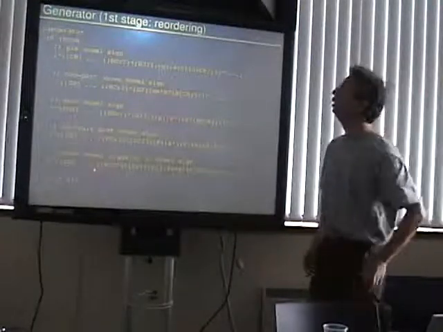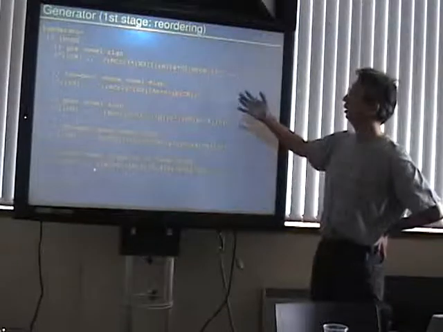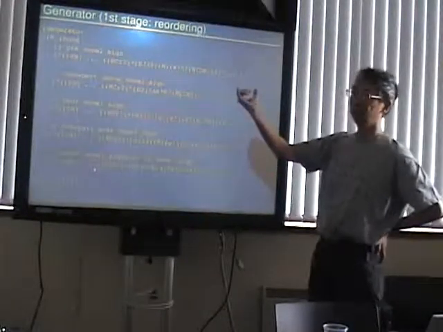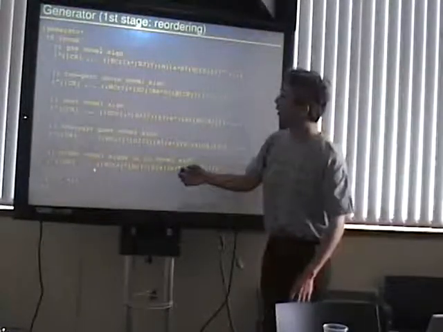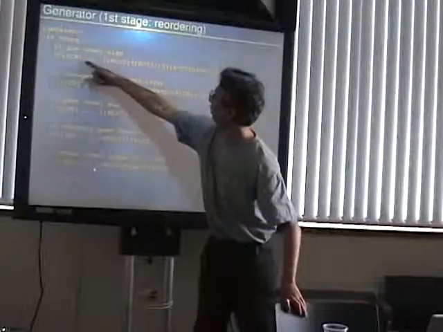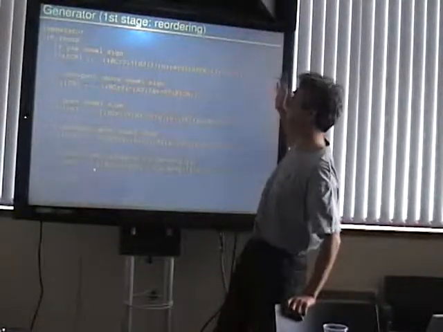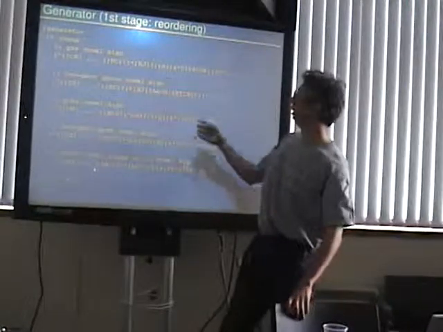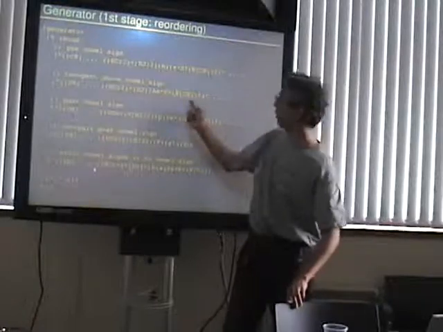Next, this is the code for the first stage. It does cluster extraction and reordering at the same time. Here, this dotted part is just omitted because it's very long and can't fit in this screen. Anyway, here we have a regular expression, and here another.